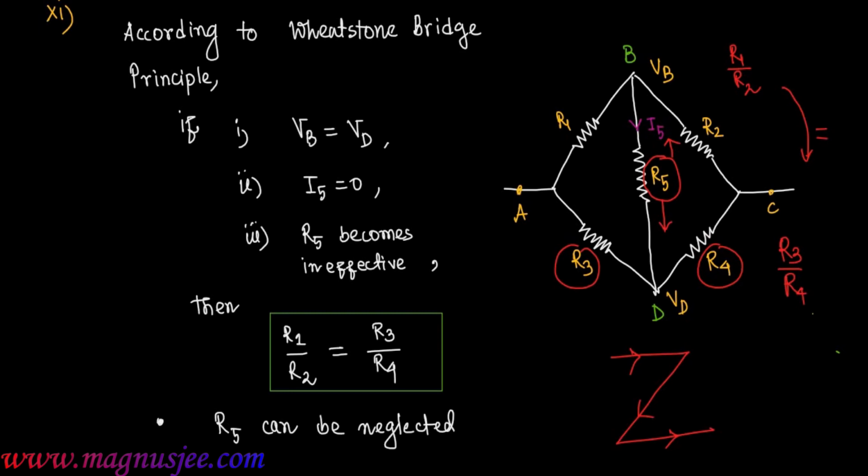As R5 becomes ineffective and no current flows through it, R5 can be neglected or removed from the circuit.